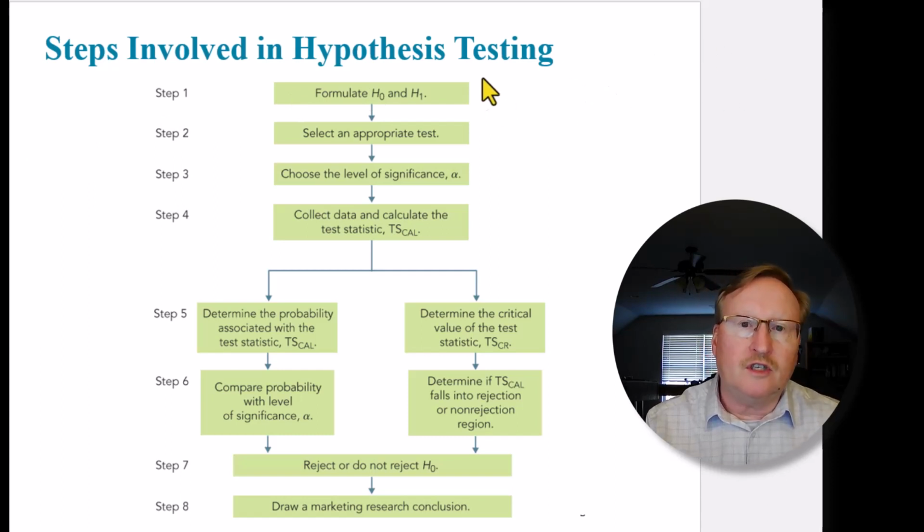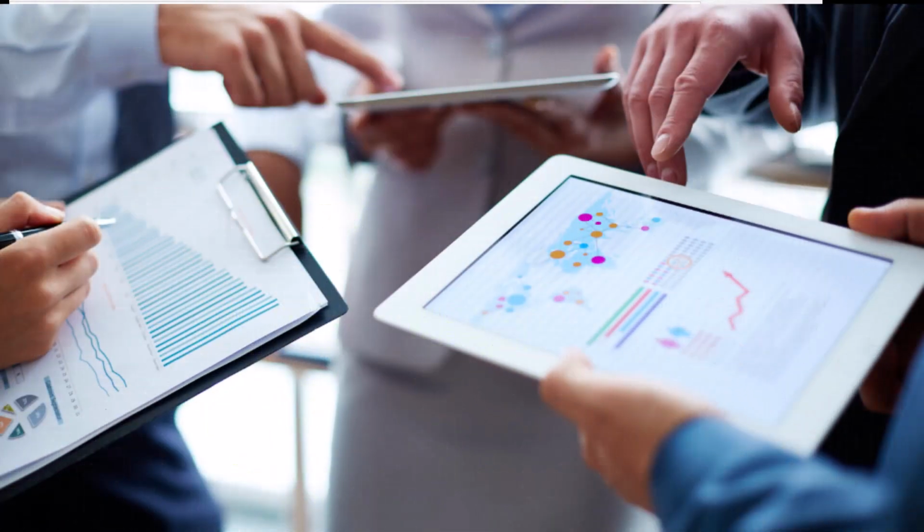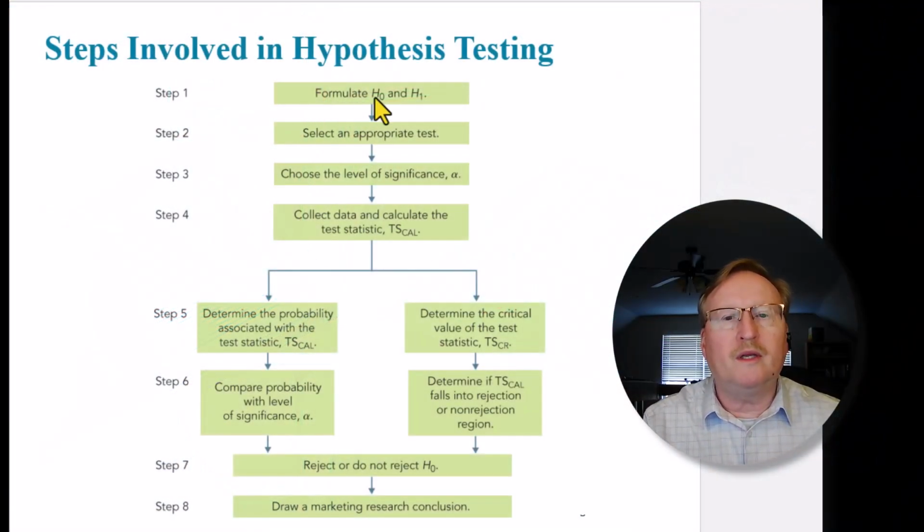Of course, the first step is, what are we talking about here? We're hypothesis testing. Well, what is a hypothesis? How do I come up with a hypothesis? That's a class in itself, maybe. But anyway, this first step says formulate, and you'll see H0 and H1. That's a null hypothesis and alternative hypothesis. Some of your books will have an H0 and an HA, A standing for alternative.